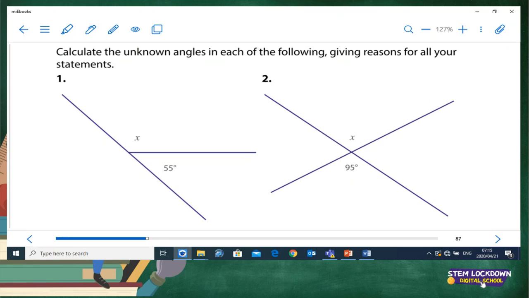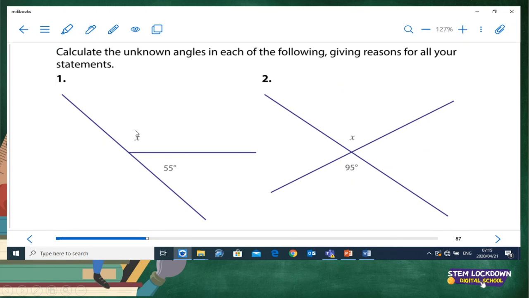How are you going to find X? This means that you'll have to say 180 minus 55. And 180 minus 55 gives you 125. So in other words, the value of X in the first category will be 125 degrees.